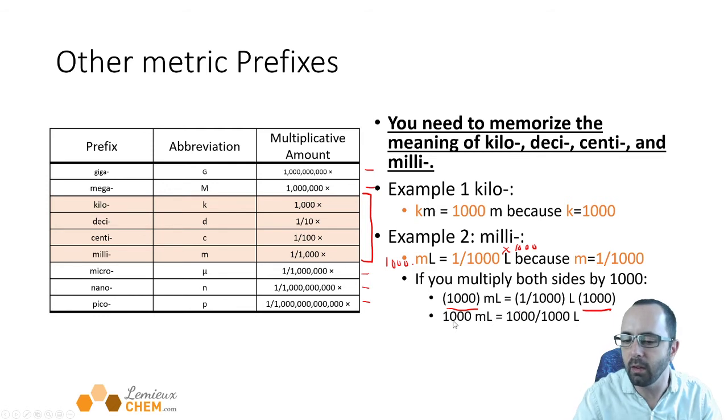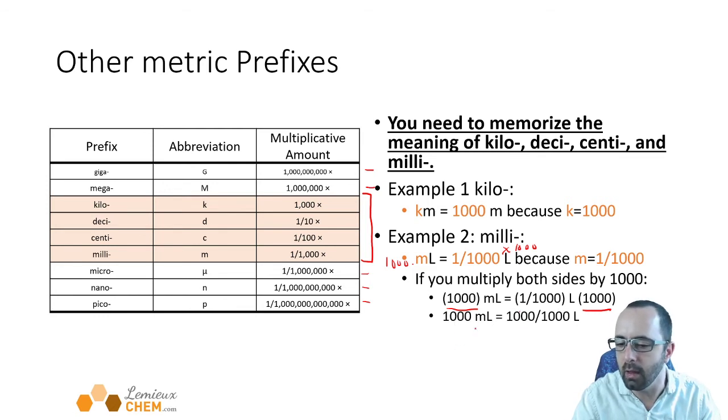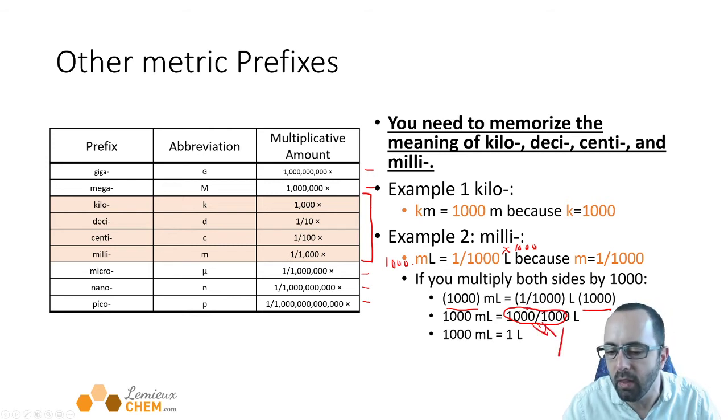Well, that leaves us with 1,000 milliliters on the left, and then we have 1,000 here divided by 1,000. Well, that equals 1, right? So this equals 1. And so then on our next line here, we'll have 1,000 milliliters equals 1 liter, because all of this here equals 1. 1,000 divided by 1,000.